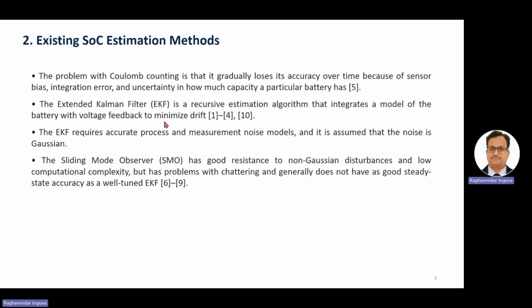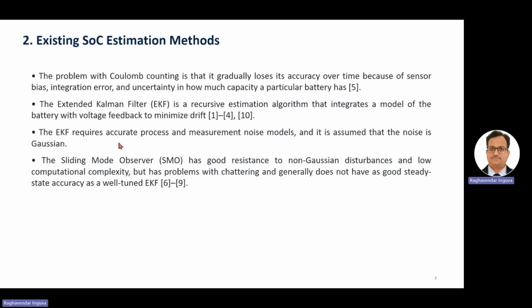Then, one of the very famous methods is the extended Kalman filter. Hereafter we'll be calling it EKF. It's a recursive estimation that integrates the models of the battery with the voltage feedback to minimize drift. This has been discussed in much of the standard literature, so I'm not going into much detail.